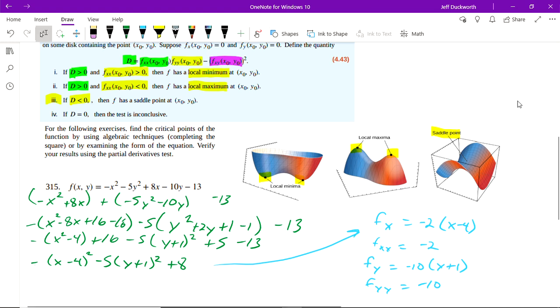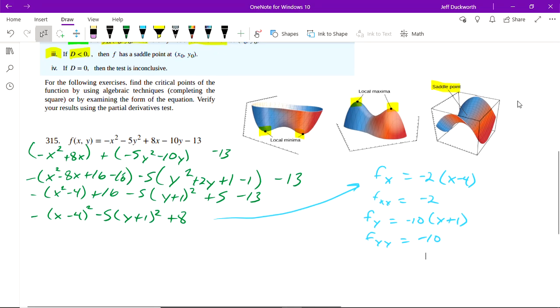Notice either one I take, if I'm looking at f sub xy, I'm going to get 0, because I take the derivative of the given function with respect to one variable, and then I take the derivative of that with respect to the other one, and I get 0. So we have to note that equals 0.